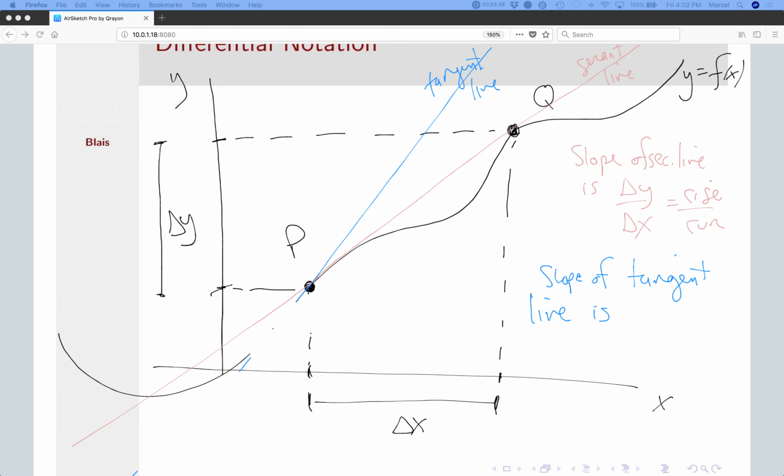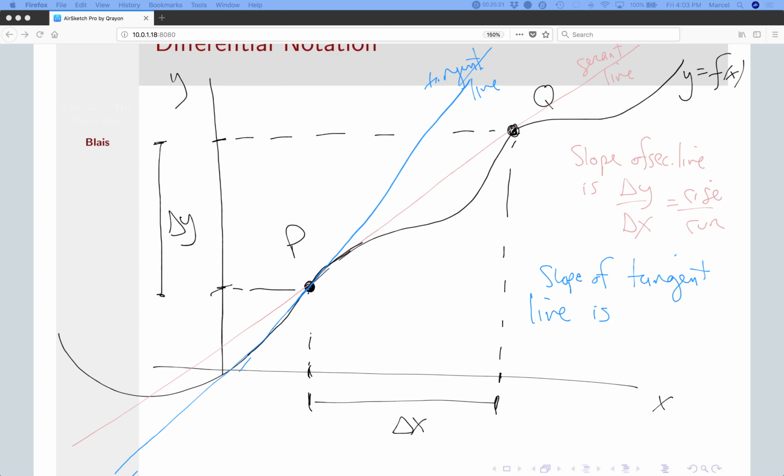Let's try that again. A little better. But the slope of that tangent line came from taking a limit of this rise over run term, letting delta x shrink to 0, which, remember, had this Q point migrate down to P, and then that secant line snapped into place of the tangent line.